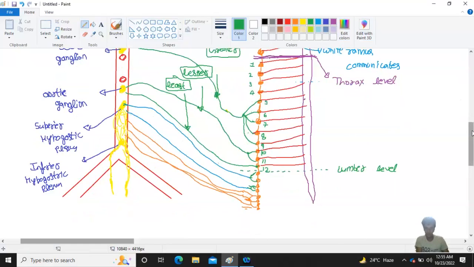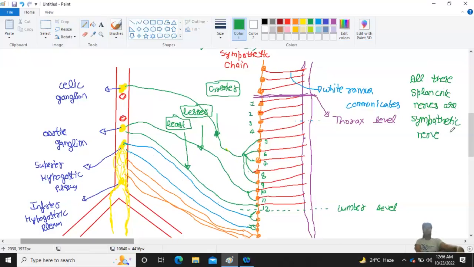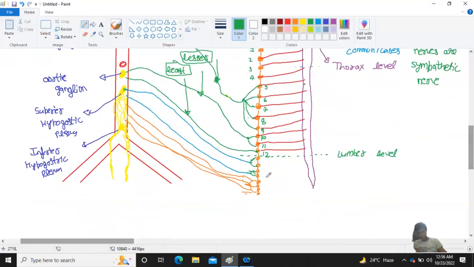One important point is this. Here we write: all these splanchnic nerves are sympathetic, because they come from the sympathetic chain, except one which originates from the sacral region.